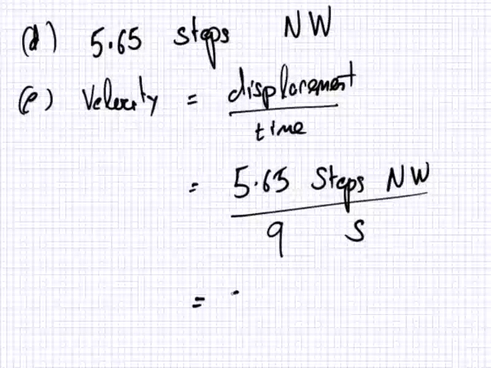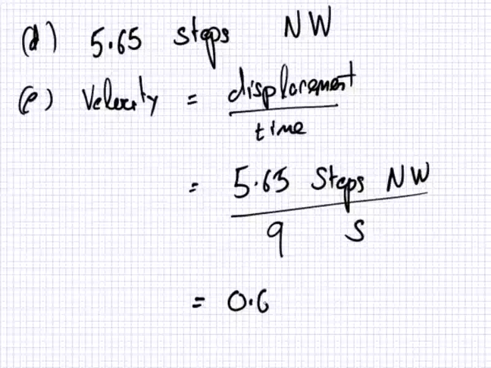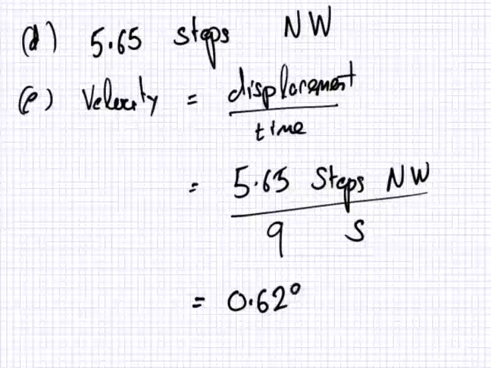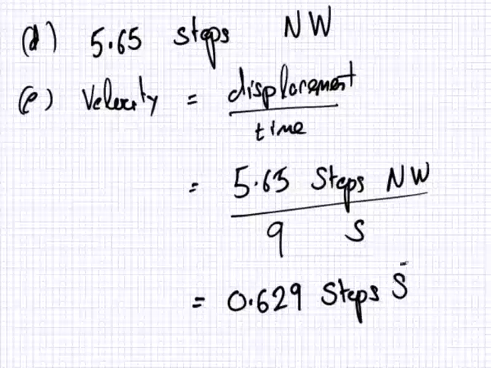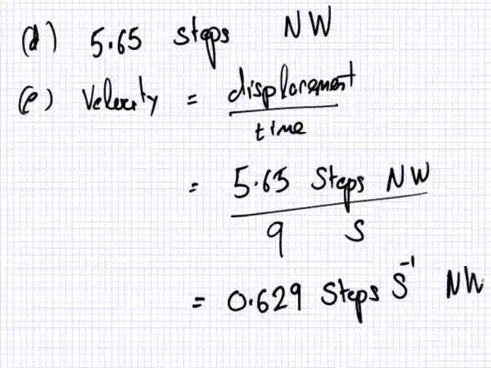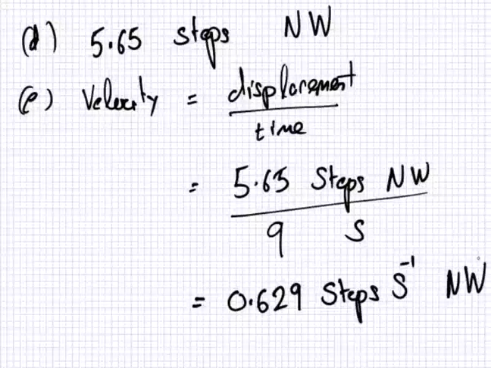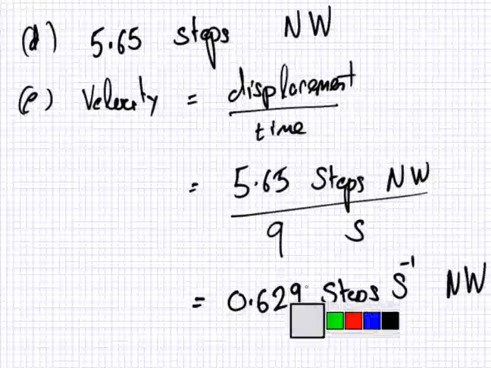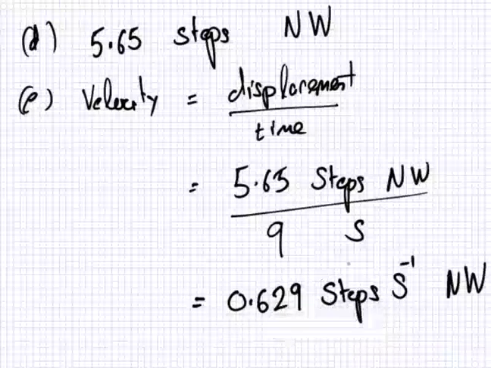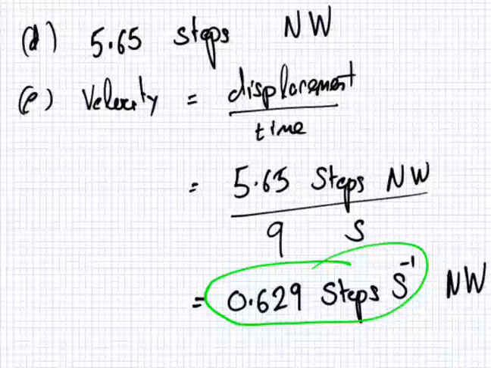So he goes 1, 2, 3, 4, 5 north. What is the distance for each step? It doesn't matter because the distance unit is steps. Then 5 steps west. Is that 5?